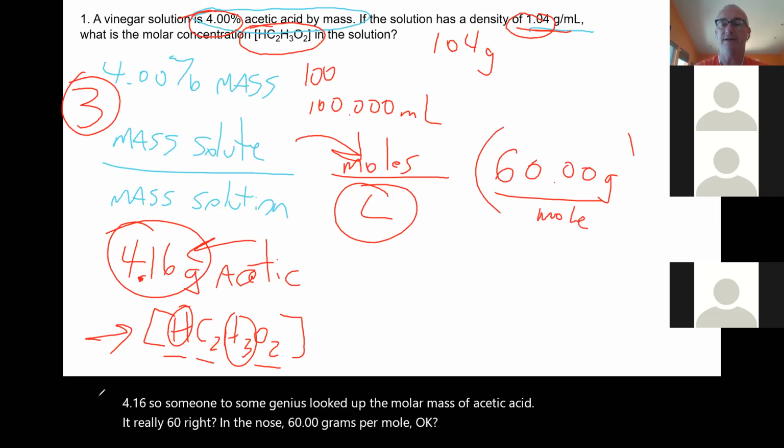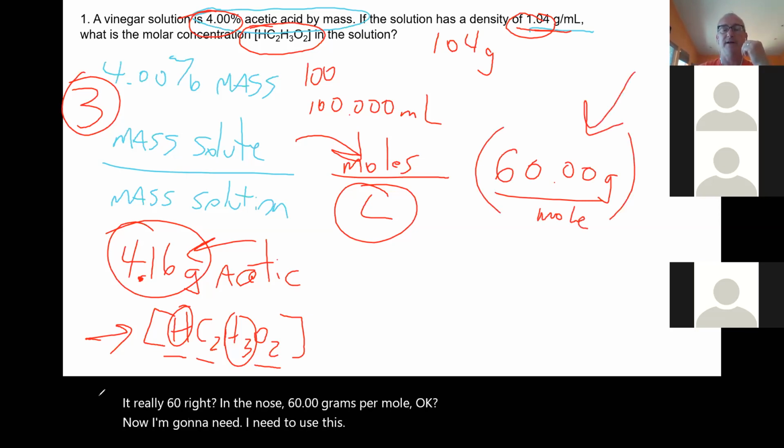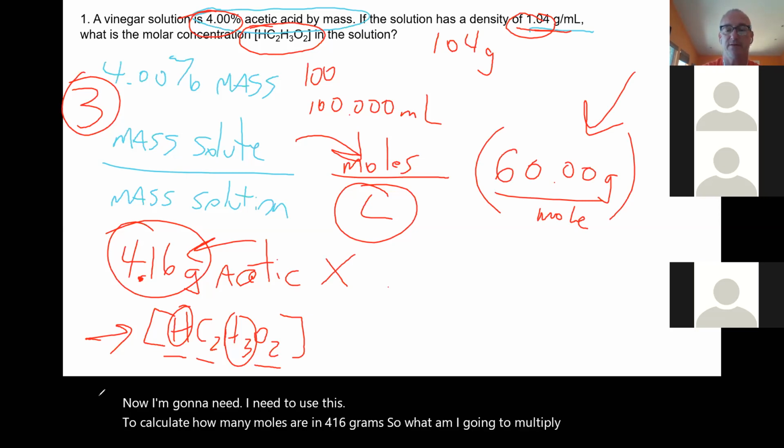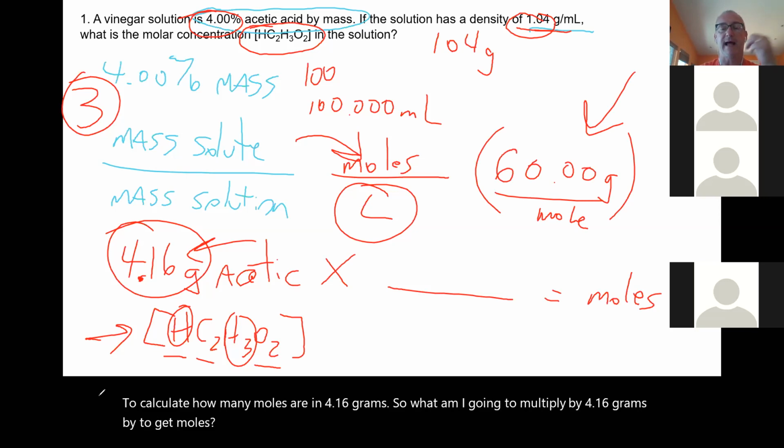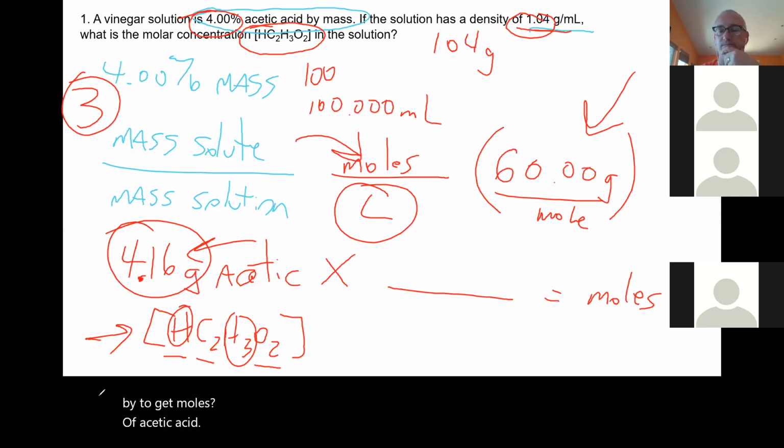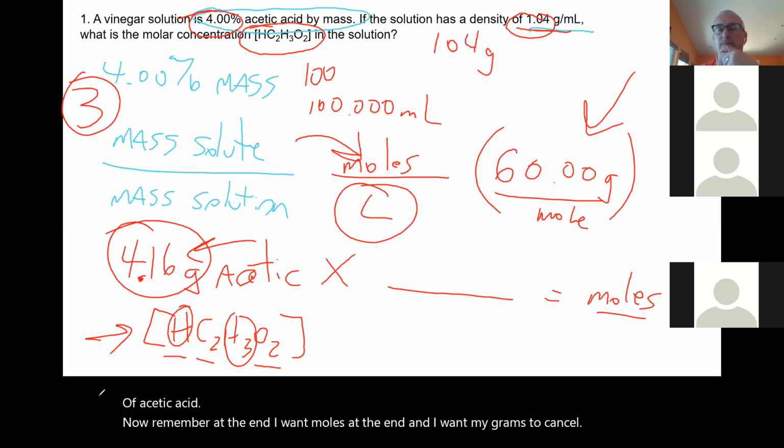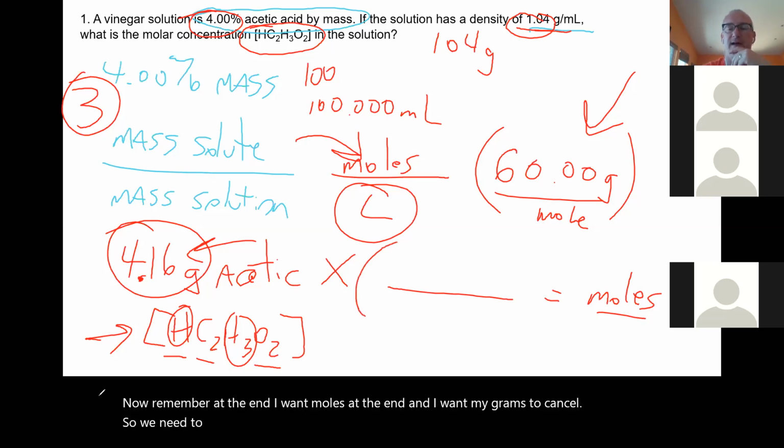Now, I need to use this to calculate how many moles are in 4.16 grams. So what am I going to multiply my 4.16 grams by to get moles of acetic acid? Now remember, at the end I want moles, and I want my grams to cancel. So I need to multiply my 4.16 grams by something.